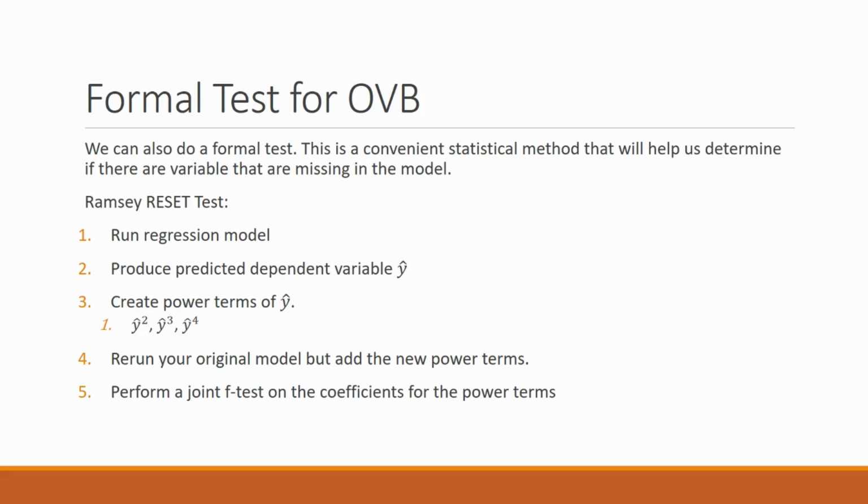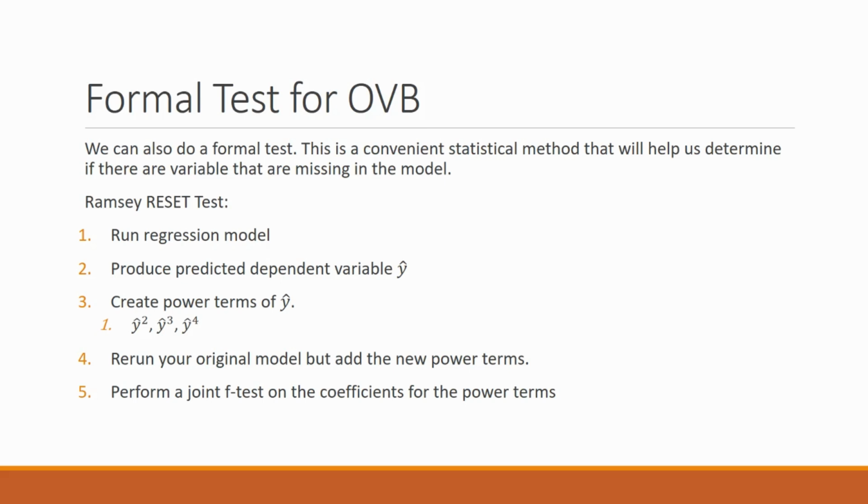And if that F-test is significant, then we reject the null hypothesis that there is no omitted variable bias. So if we reject that null hypothesis, that means we're missing terms from our model, we have omitted variable bias.